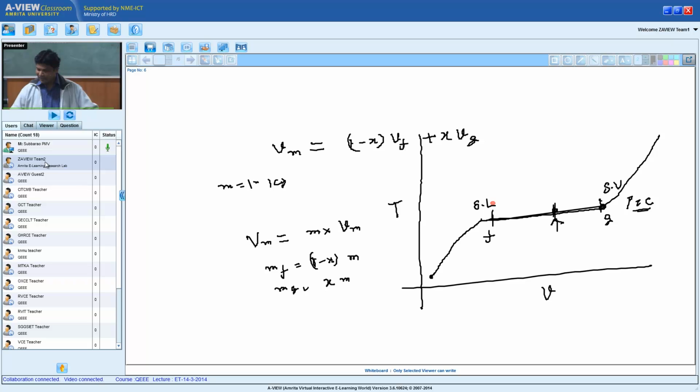The very interesting thing is that the specific volume is directly proportional to the quality. Not only the specific volume, any other property will be directly proportional to x.